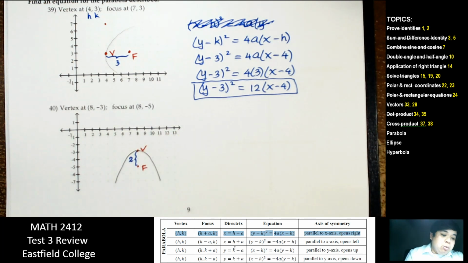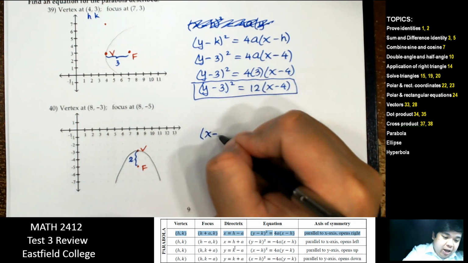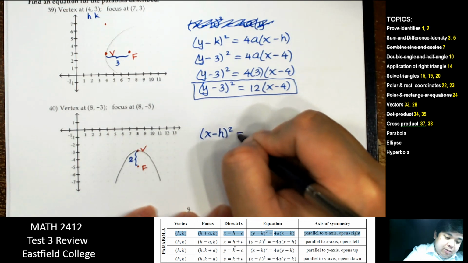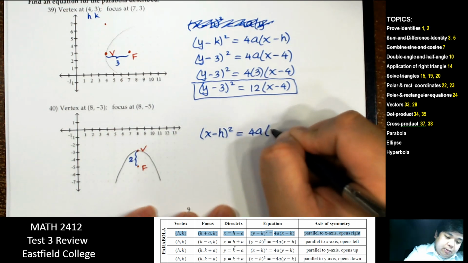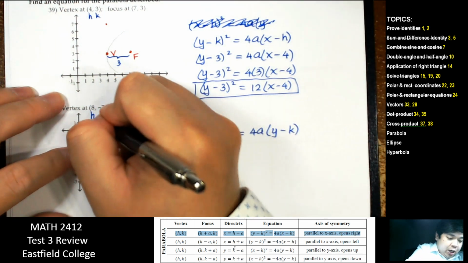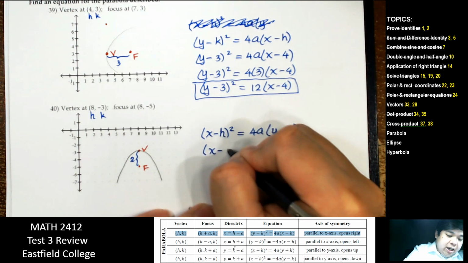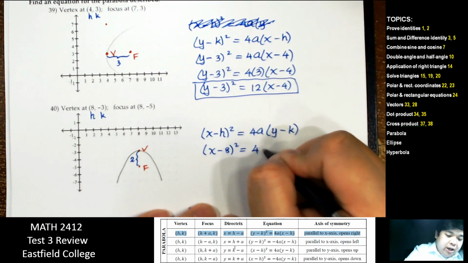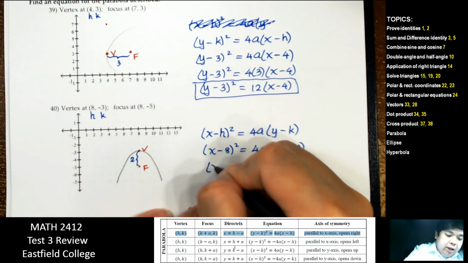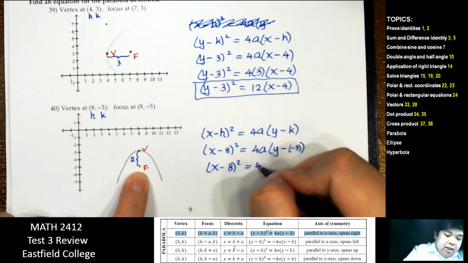Right. This is the parabola that will open down, an up and down parabola. We start with x minus h squared equal to 4a y minus k, so x minus 8 squared equal to 4a y minus negative 3. 4a is 2.